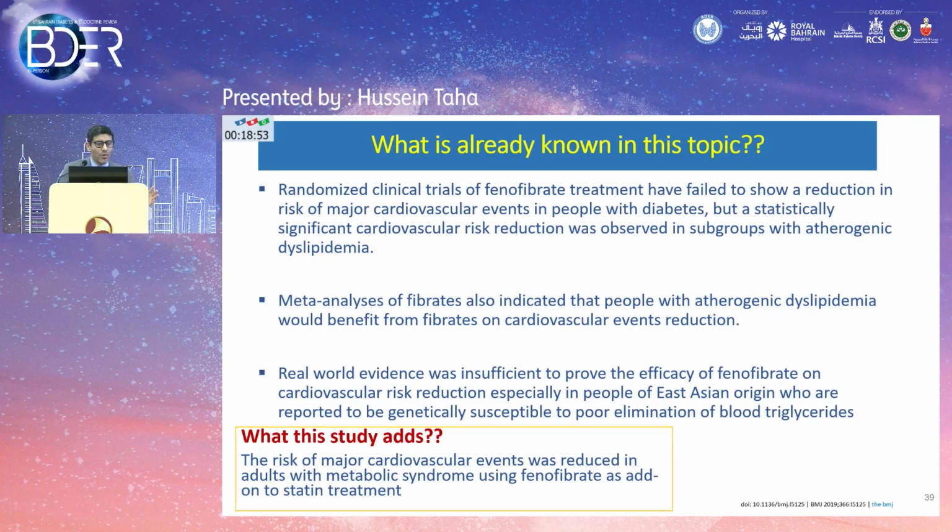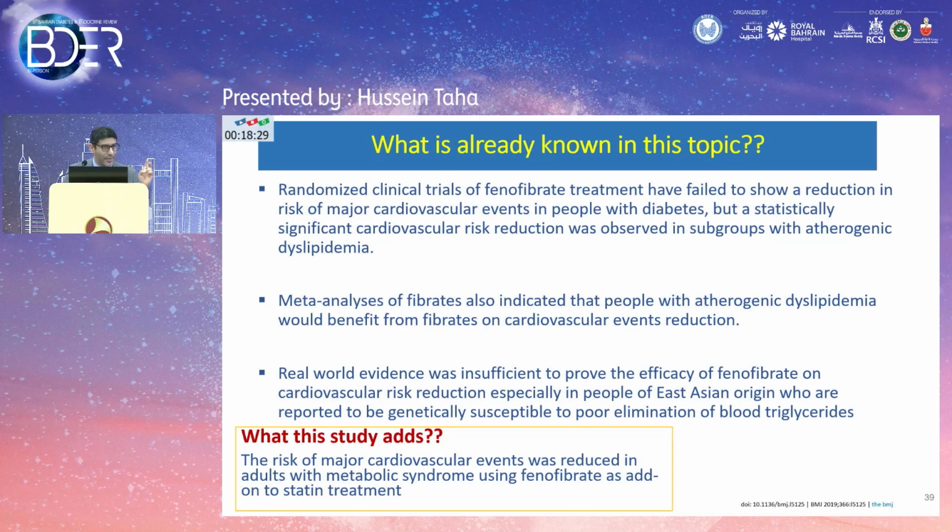So, as we know, randomized clinical trials on fenofibrate alone treatment have failed to show reduction in major cardiovascular diseases with diabetes. However, there was statistically significant cardiovascular risk reduction in the subgroup who are having atherogenic dyslipidemia. I am attributing to raised triglyceride with high LDL.